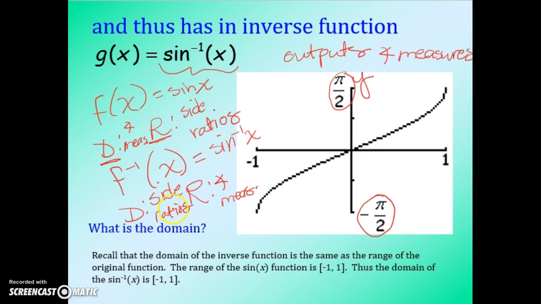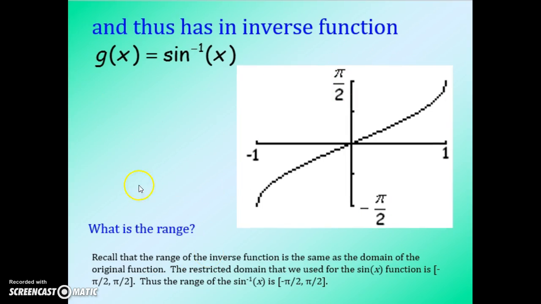So the domain of this restricted sine inverse function is the range of the original sine function, and that's negative 1 to 1. The range, since we restricted the domain, is negative pi over 2 to positive pi over 2.